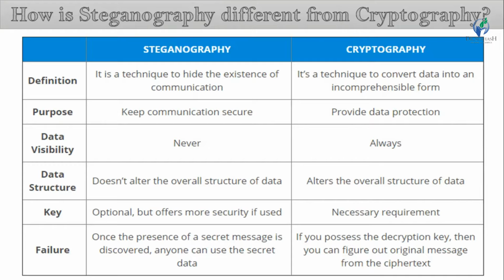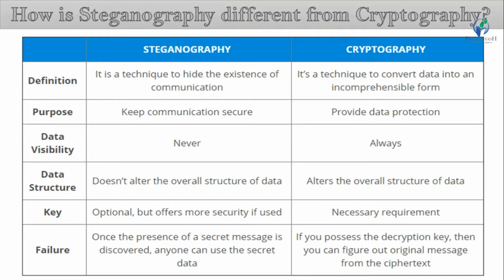Steganography keeps communication secure, and cryptography provides data protection. Now, in data visibility, steganography cannot provide perfectly invisible data, so it is sometimes visible, while in cryptography it is always present.